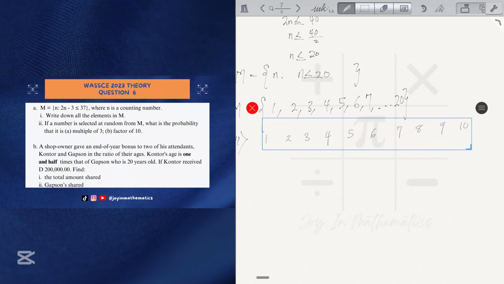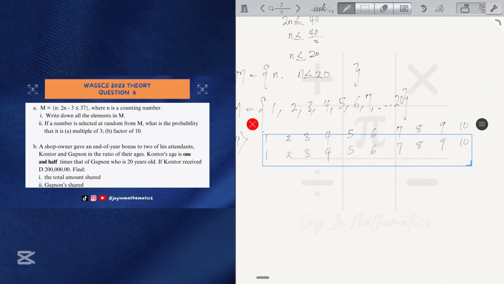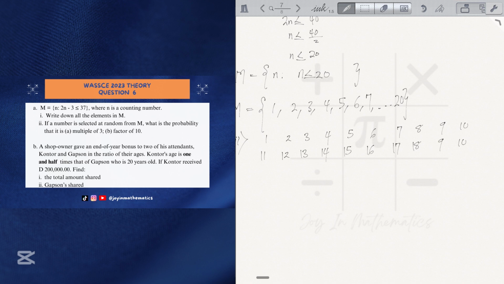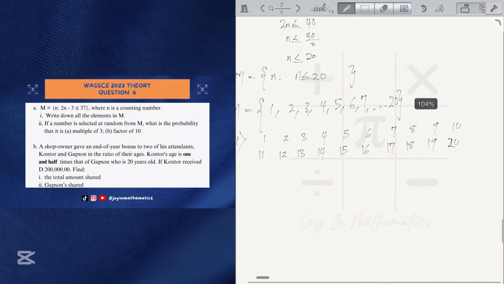For ease, we can just duplicate, and we'll have 11, 12, 13, 14, 15, 16, 17, 18, 19, and 20.